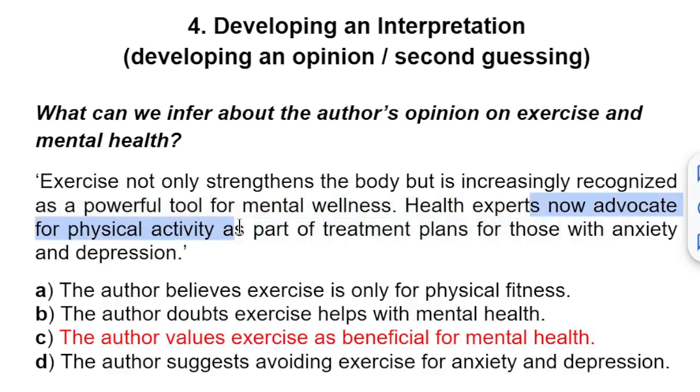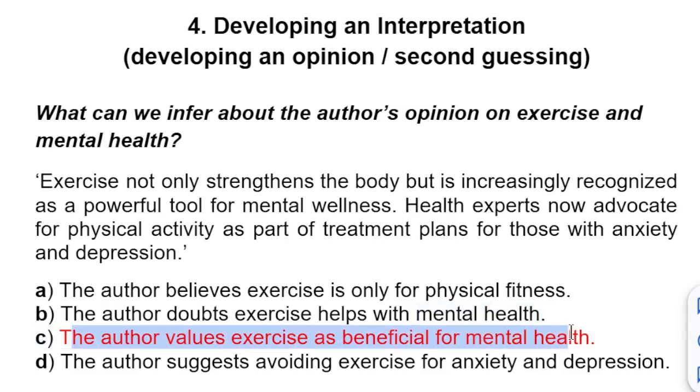Experts now advocate, they push for physical activity. So we have a general feeling, reading between the lines, that the author's opinion is that he values, that he highly rates exercise as a beneficial way to improve mental health.